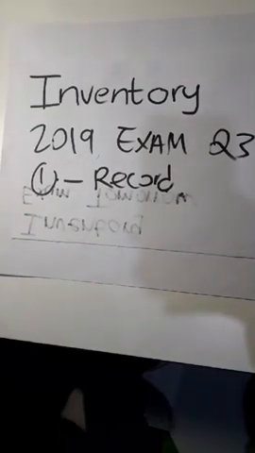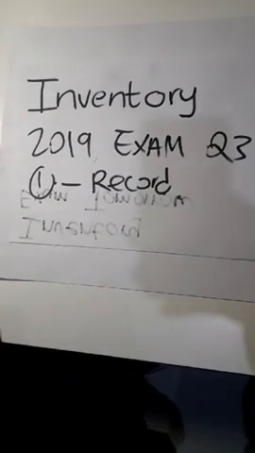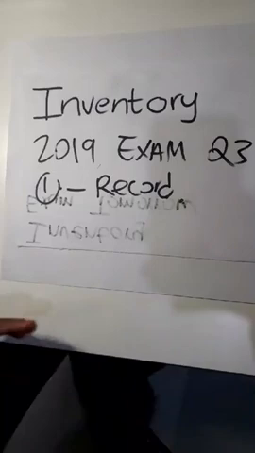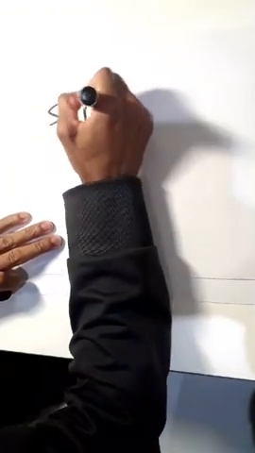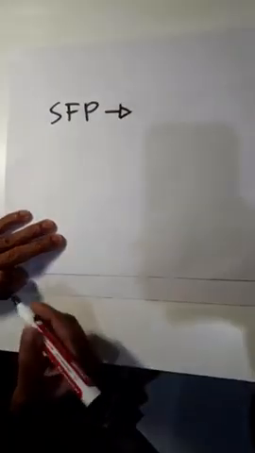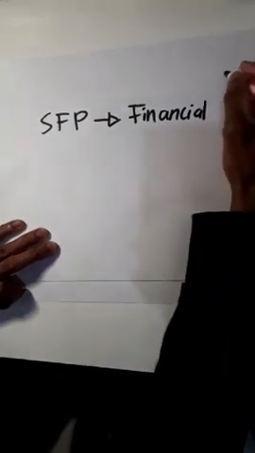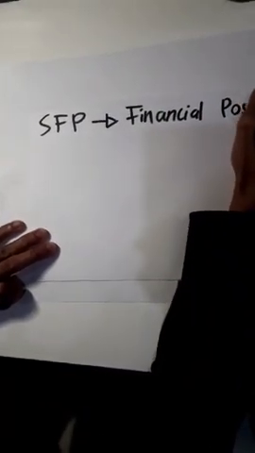Please, tomorrow before you start your test, read the instructions carefully. Are we rounding off to the nearest whole or to 2 decimal places? I saw most of you are struggling with SFP and SPL. SFP is the statement of financial position.